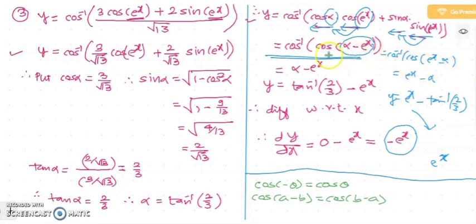They are valid. These two are the same. And therefore the answers should be acceptable. Both answers, e raised to x and minus e raised to x, must be acceptable. So practice these kind of examples and I'm sure you'll be happy to answer such questions.